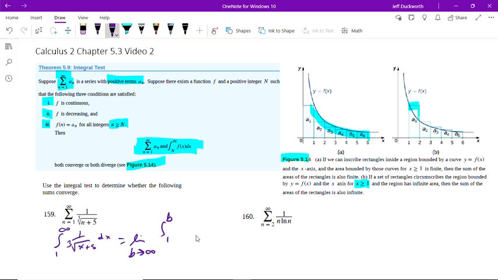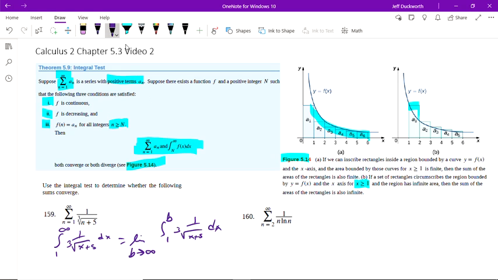So we can't evaluate by plugging in infinity. That's not going to work. But if we figure out the integral and use some actual tangible value, a variable b is going to work, then I can take a look at what's going to happen. All right, and that's going to be 1 over cube root of x plus 5 dx.